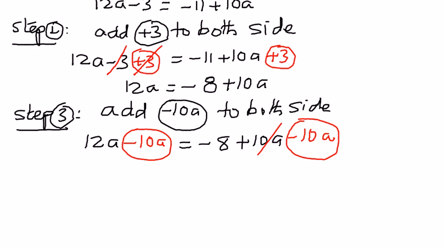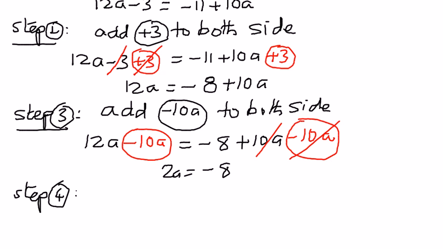The positive 10a and negative 10a cancel out on the right hand side, leaving us with negative 8 is equal to 12a minus 10a. Since the variable terms are the same, we can combine them as if we are combining whole numbers. 12 minus 10 is equal to 2a. Since we want to find the value of a, we'll try to get that in this next step.